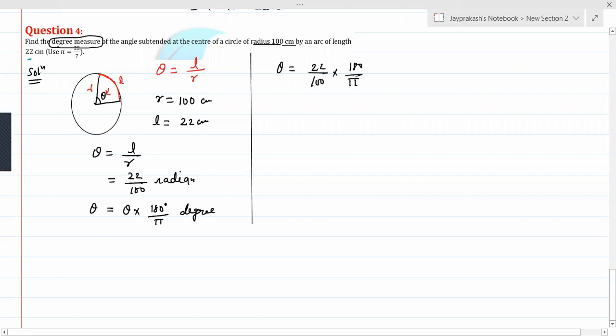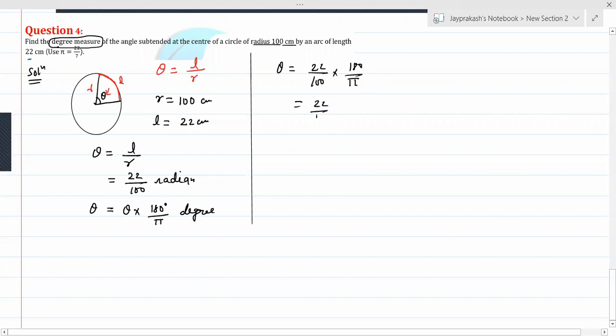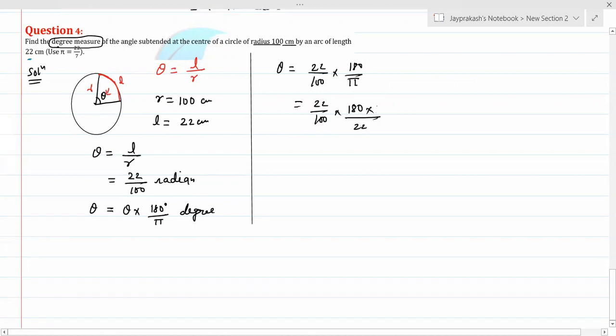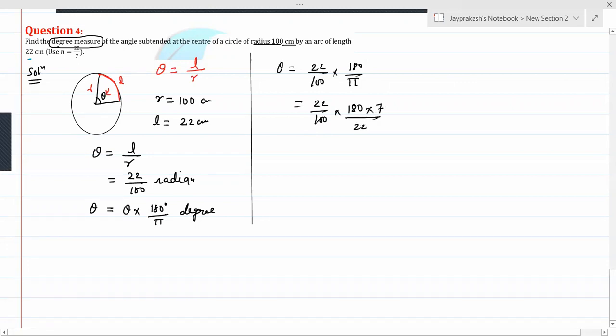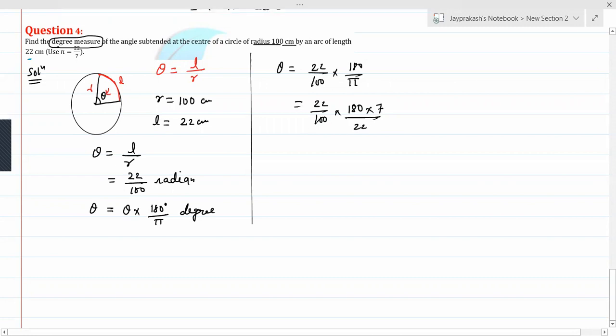Now you know the value of pi is 22 by 7. So now you have to substitute the value of pi also. So it is 22 by 100 into 180, and this one becomes 22, and the denominator will be converted to numerator.